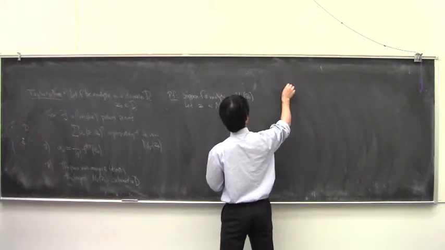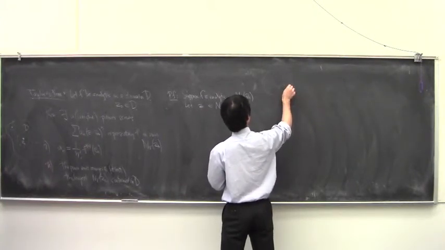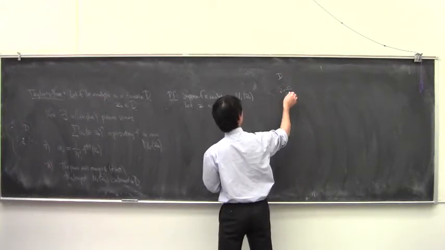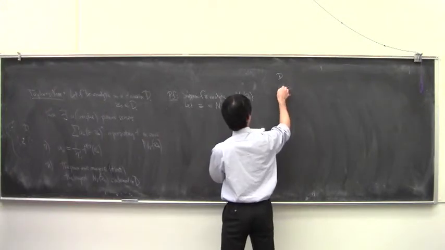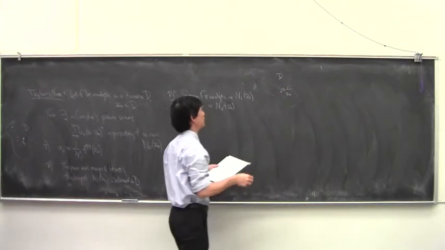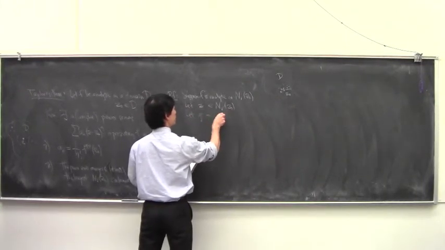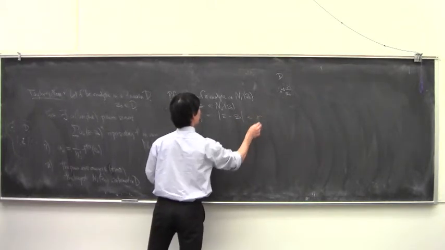Here's z naught. Here is say R. This is z. You take some z inside that disk and let rho be the distance from z to the center. So let rho be the distance from z to z naught. That's smaller than R.